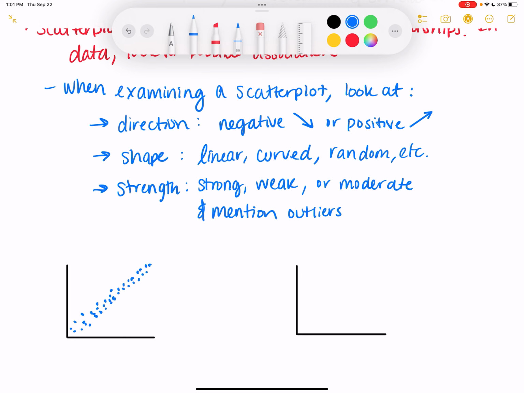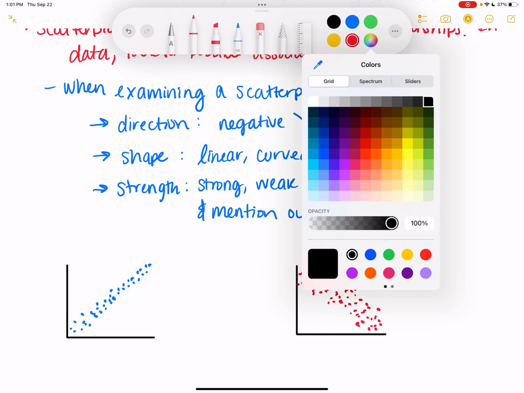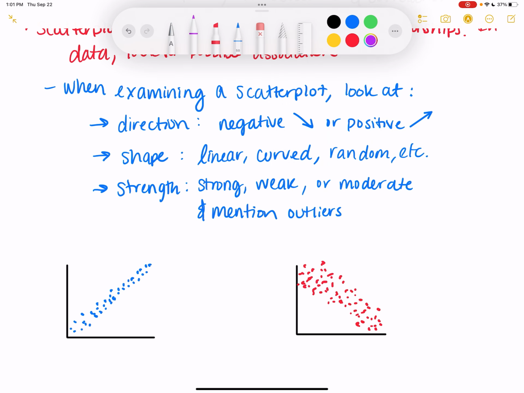Next one. And these are in no particular order, it's just sporadic. I'll let y'all draw those and then we'll talk about them.